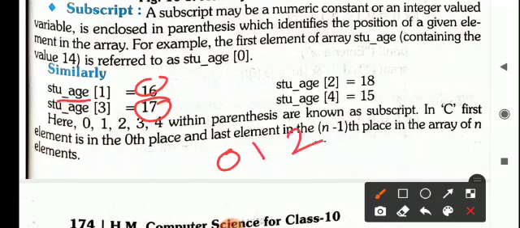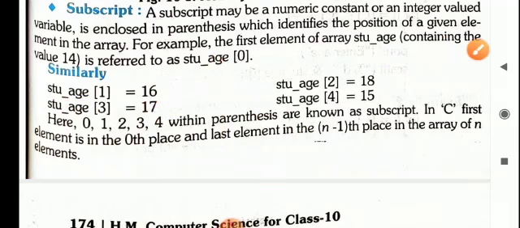That means the last index will always be n-1, that is size minus 1. The index number will start from 0. So it is always 1 less. This is how it works.